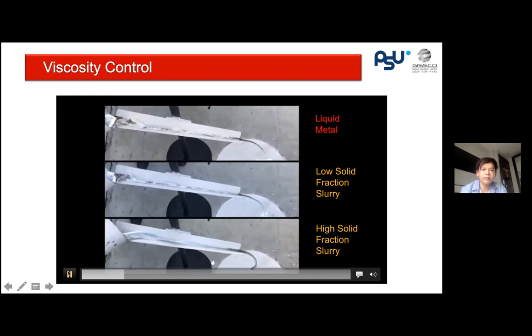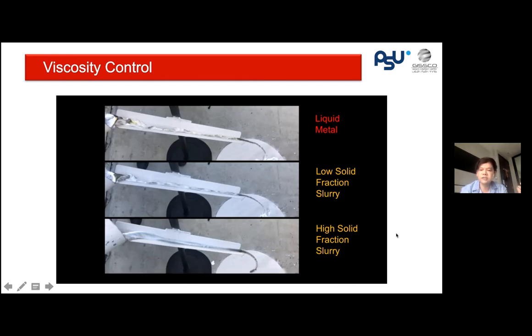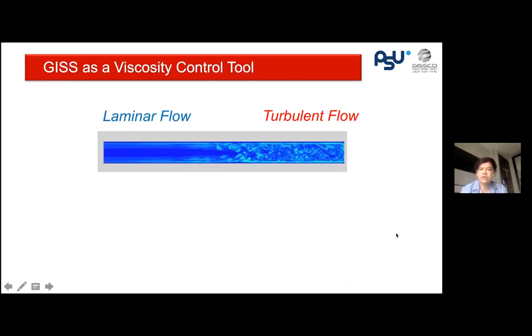But on the bottom, we can see that the wave is almost zero. So we have very smooth flowing. This is because of the viscosity. So this allows us to control the viscosity so that we have less turbulent flow up to the point of laminar flow. It depends on the Reynolds number.